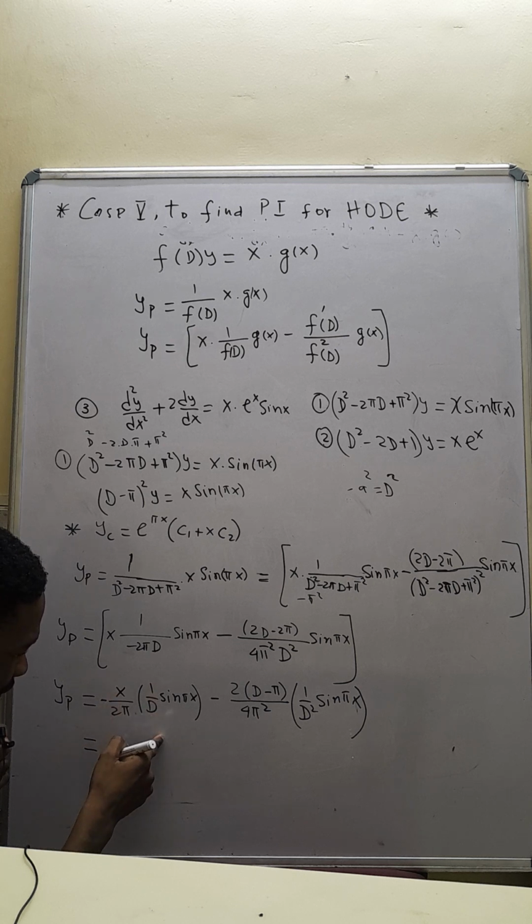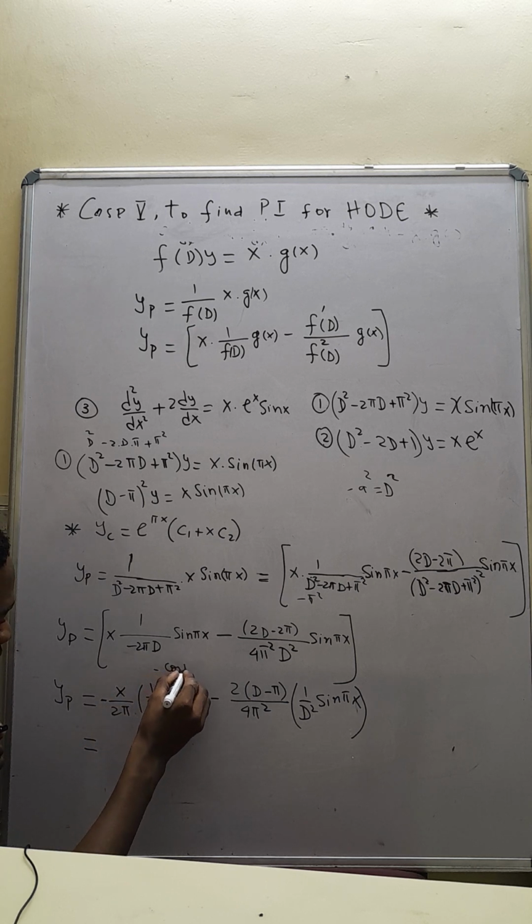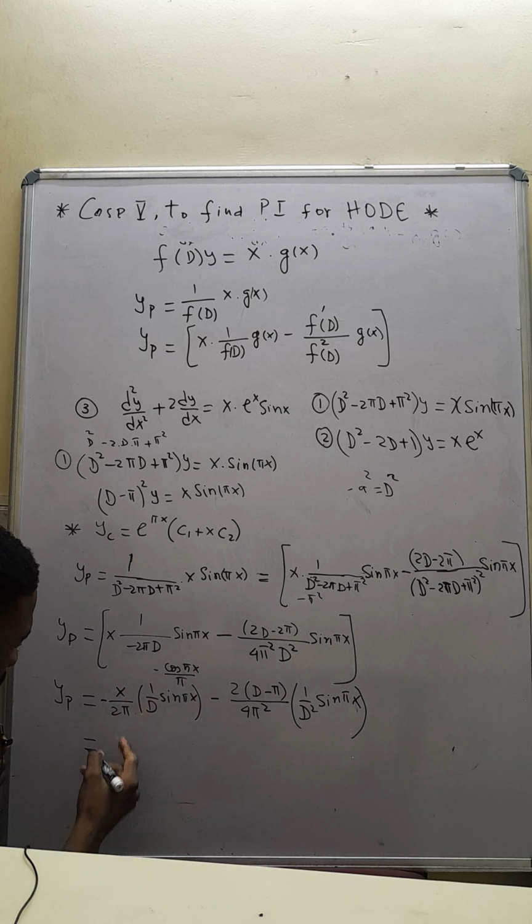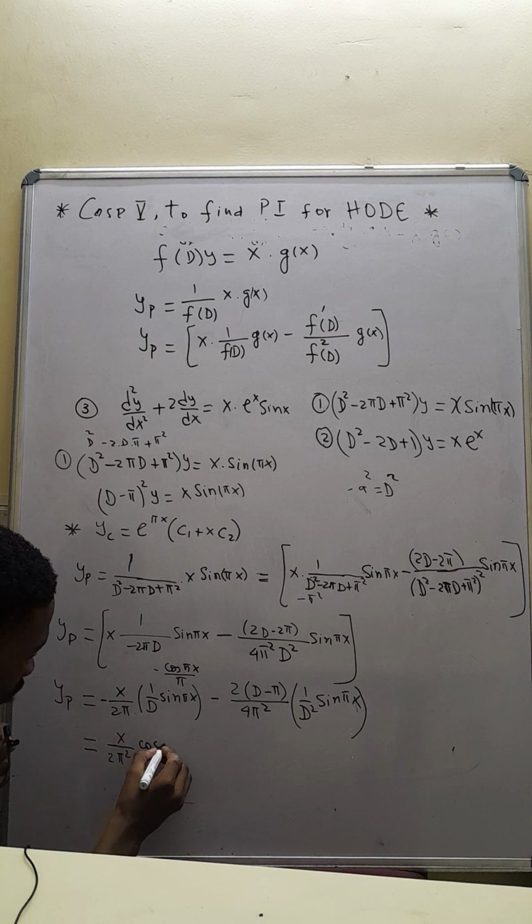If I integrate this guy, what will it be? It will be negative cosine of pi x, all upon pi. So this pi comes here, it will be minus x over pi squared, 2 here. Because this minus and this minus make a positive, x upon 2 pi squared, then cosine of pi x.